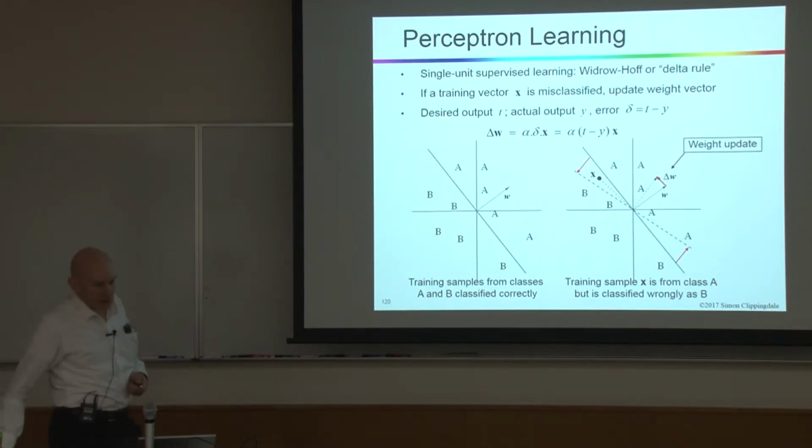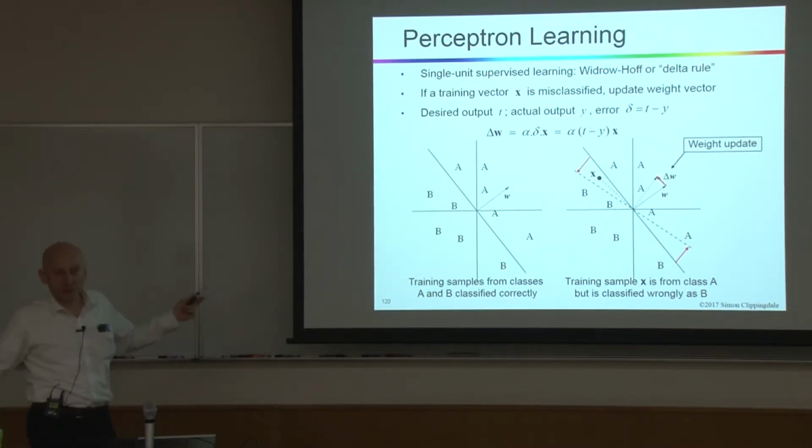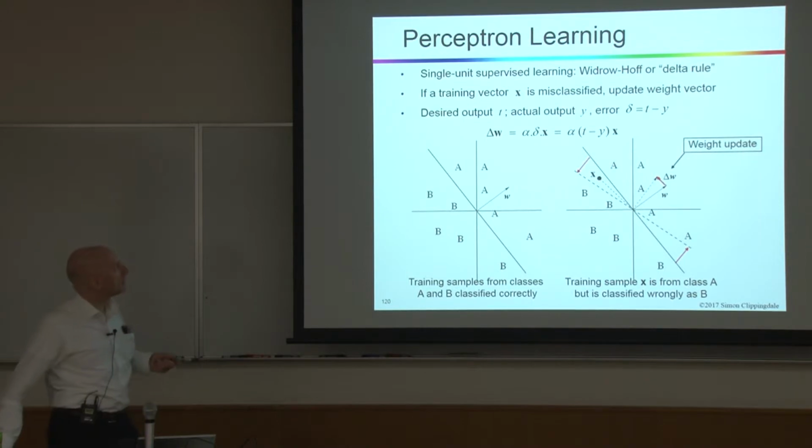How do you train these things? Well, the learning rule is a thing called the Widrow-Hoff rule or delta rule. And the idea is that if an input vector x is misclassified, you need to change the weight vector. You don't need to do anything if all the data is correctly classified.